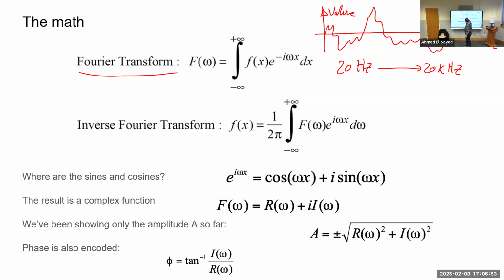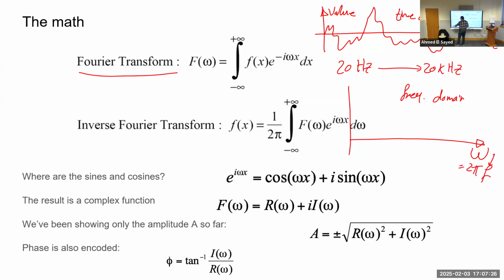Now, what the Fourier transform does is transform the signal from the time domain into another thing called the frequency domain. What is the meaning of frequency domain? It means that instead of this axis being time, I have another axis, which is my frequency, omega. Omega is very well known to equal 2 pi f, and f is our frequency, which is in hertz.